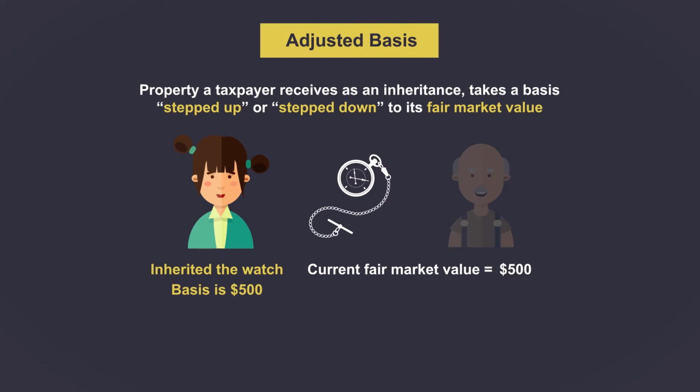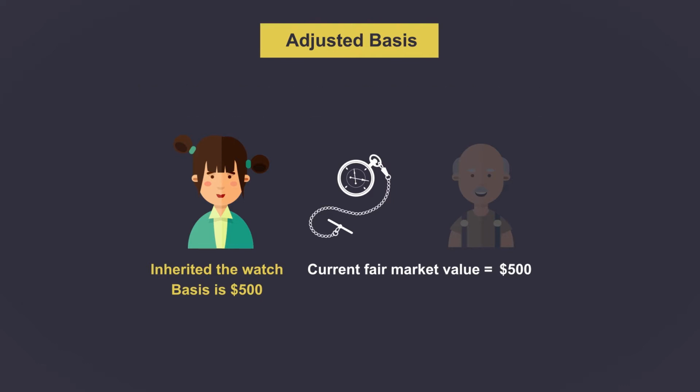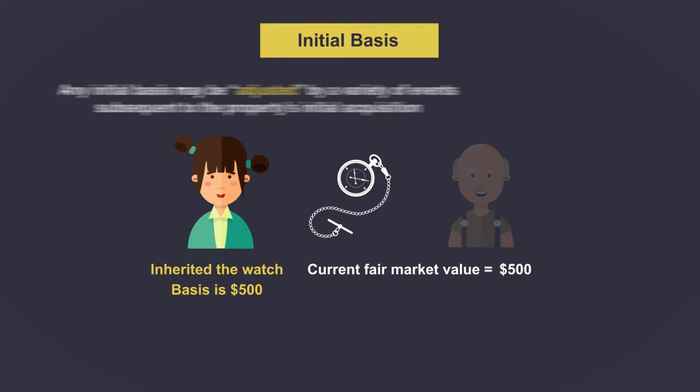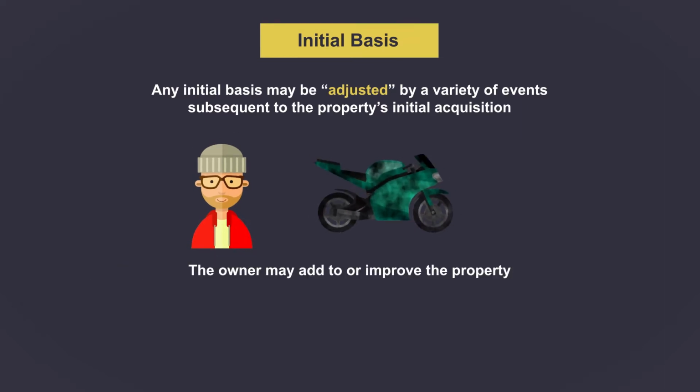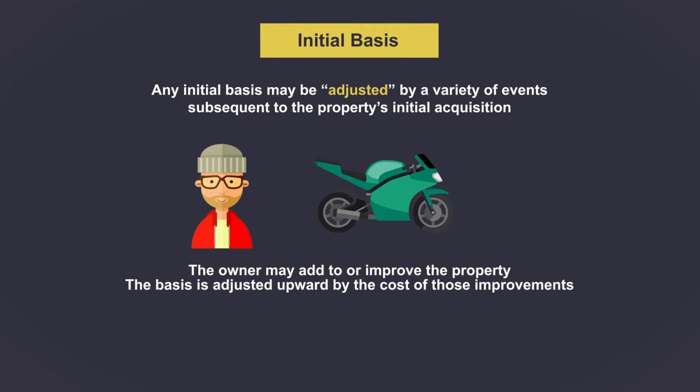The bases described above are best thought of as the initial basis of an item of property. Any initial basis may be adjusted by a variety of events subsequent to the property's initial acquisition. The owner may add to or improve the property, for example, in which case the basis is adjusted upwards or increased by the cost of those improvements.